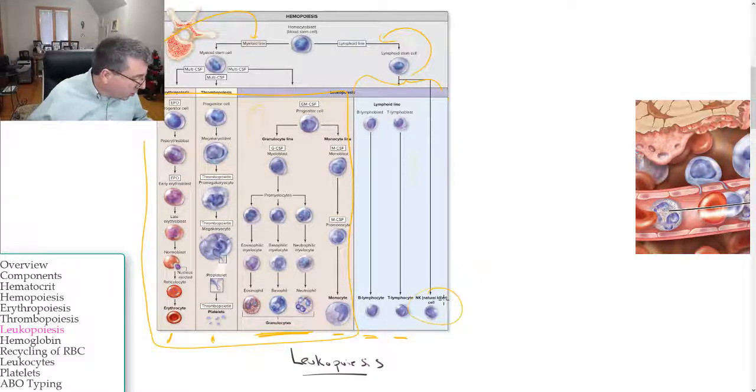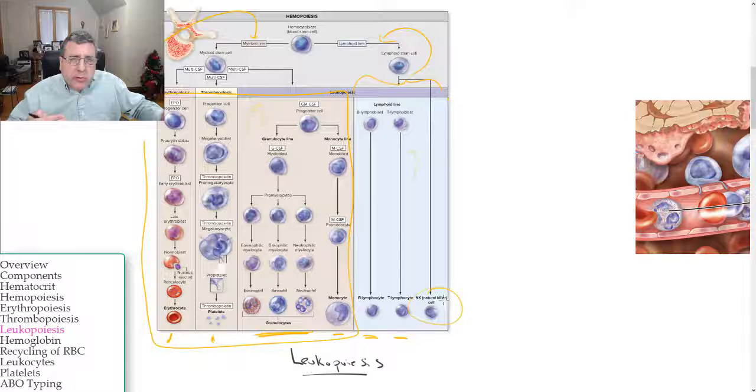So what we're looking at on this one is, in I think a couple more videos from here, we are going to discuss more of the specifics on the different types of white blood cells, the differences in the granulocytes and agranulocytes, what they look like, what their function is for each one of those.